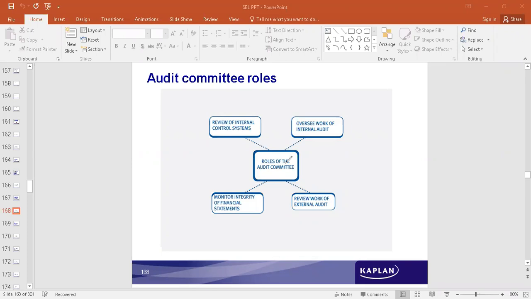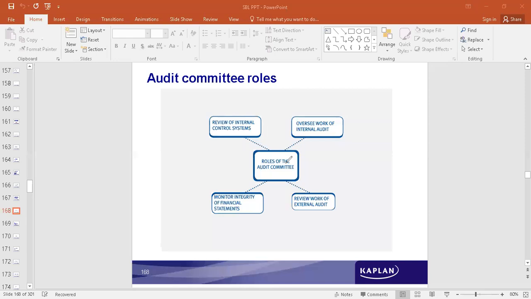It's a function within the organization to help the audit work to be carried on smoothly. So they have to provide all that is required by the audit committee. They are there to help the audit work to happen, so the committee also has to oversee how the work of internal audit is being carried on.